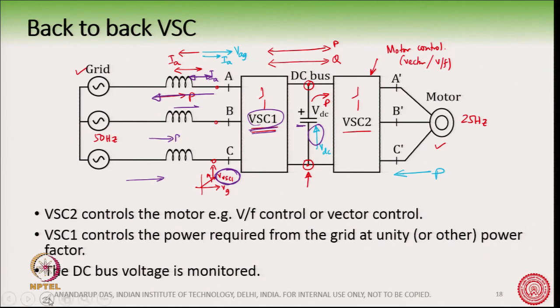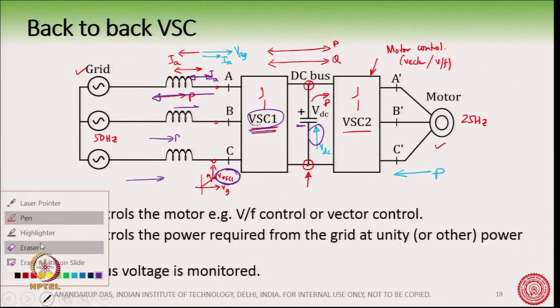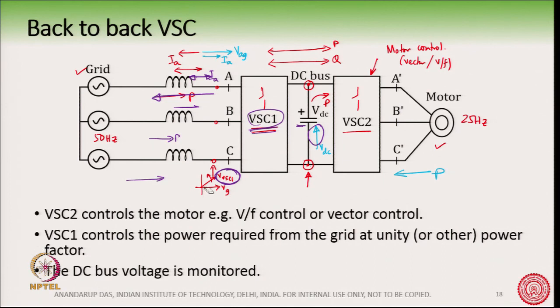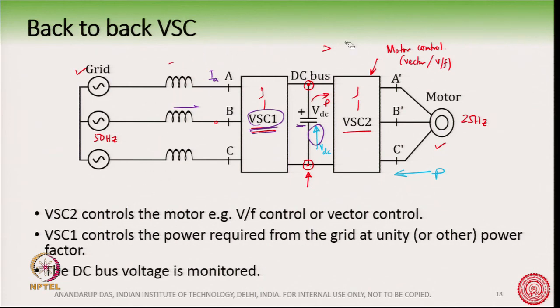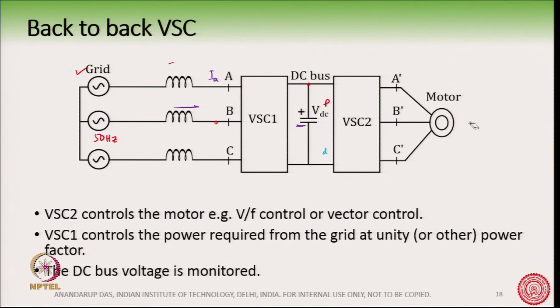So, let me clear all these things. I will erase everything. Let me talk a little bit about the reactive power. Remember, reactive power is a degree of freedom here.